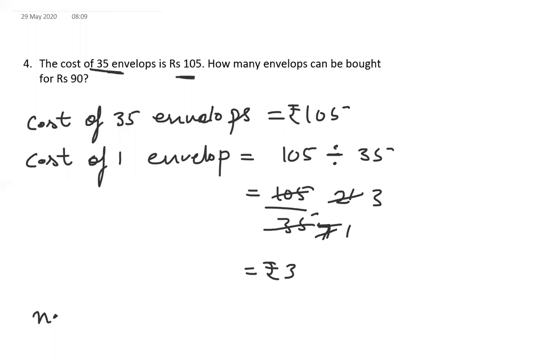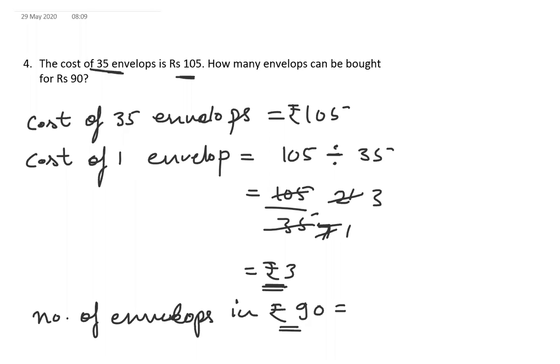Number of envelopes in rupees 90. Now look at this. You know the price of one envelope, that is 3 rupees, and you know how many rupees you are having: 90 rupees.